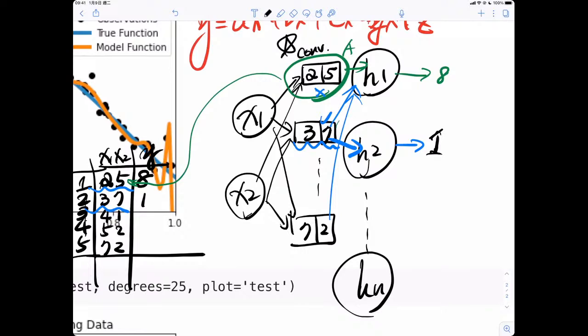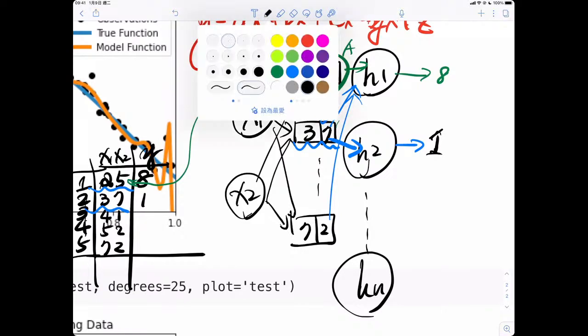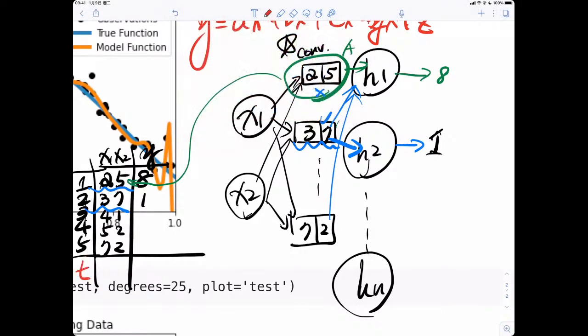If you input new testing data, for example 1 and 2, you will find that all those convolution structures right here would not activate for such input data, so it may not output the correct Y. Maybe the answer is 3.